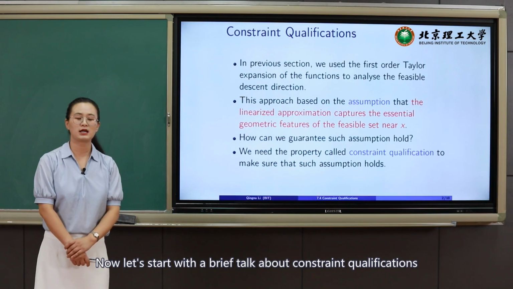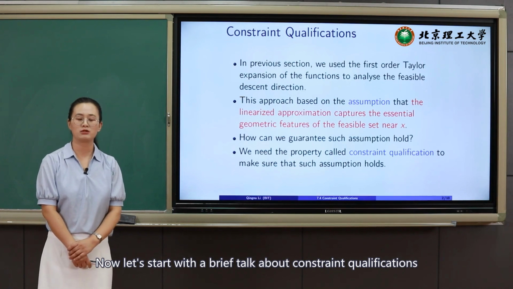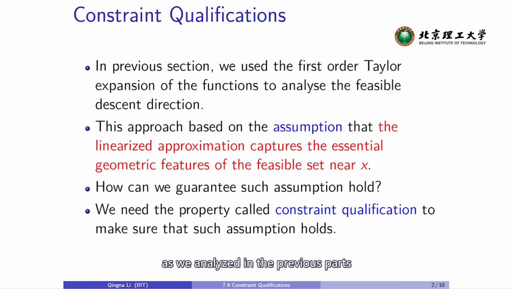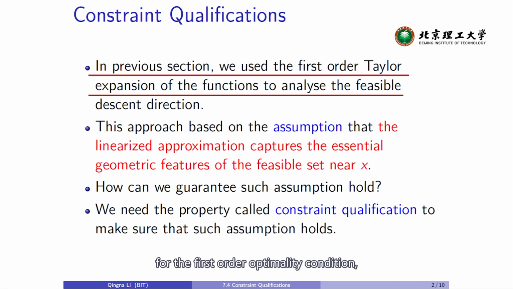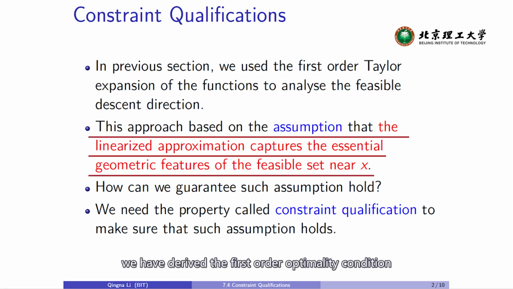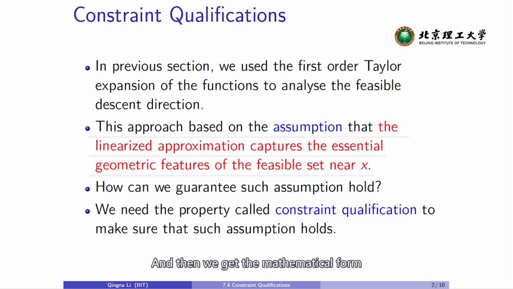Now, let's start with a brief talk about constraint qualification. As we analyzed in the previous parts for the first-order optimality condition, we derived it by using some sort of linear expansion, and then we got the mathematical form for the first-order optimality condition.